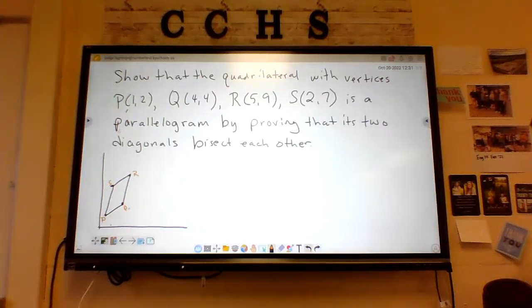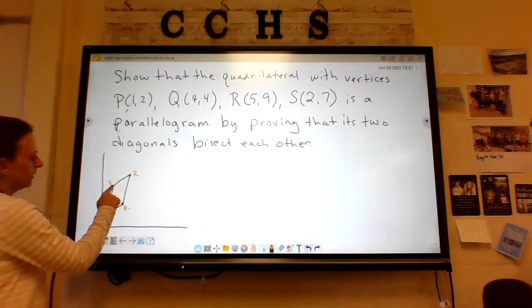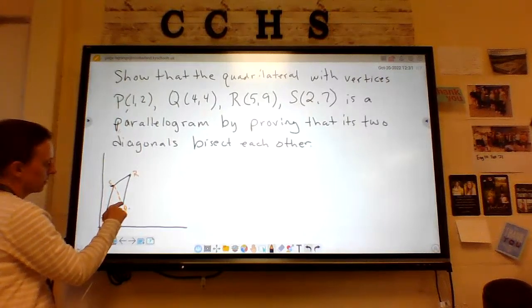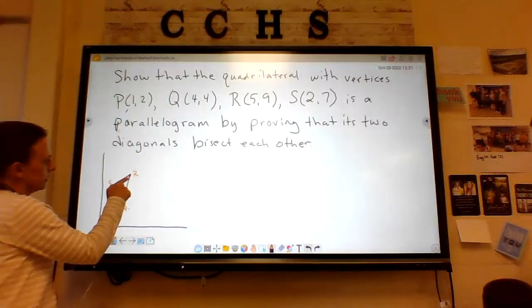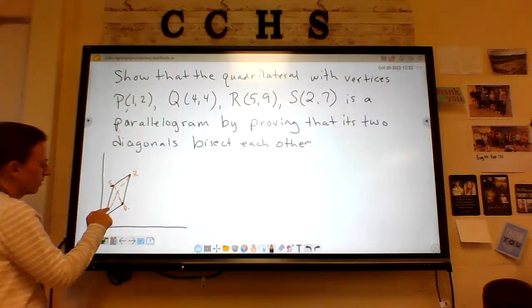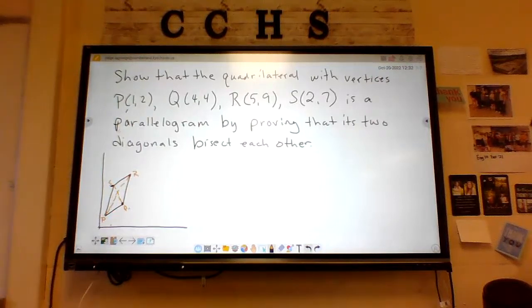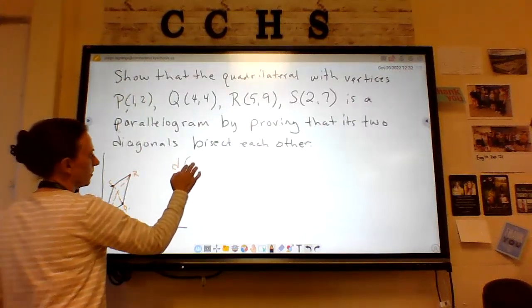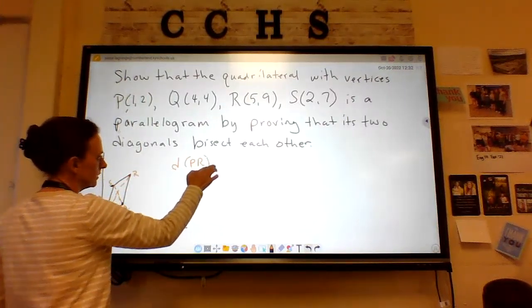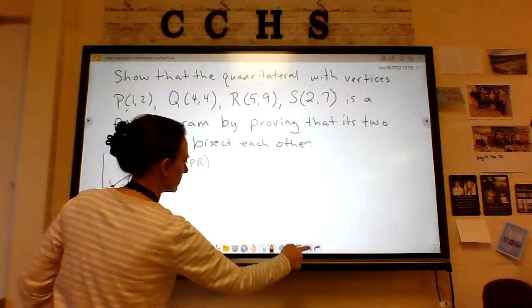So what I need to know then is the diagonals are going to be here and here, right? Like a kite. So what I need to know then is the distance from P to R. Well, not the distance, the midpoint. Sorry.